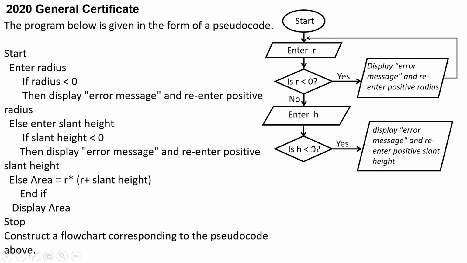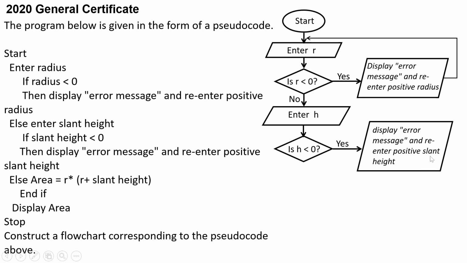Meaning after a person enters an error, it will be checked until they enter a valid value. Then it will proceed and ask again, enter h. That h should again be checked: is this h less than 0? If it is, display error message and re-enter positive slant height.